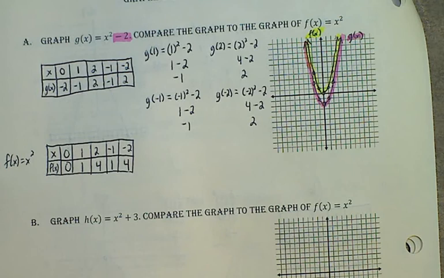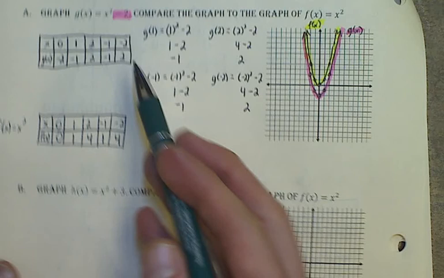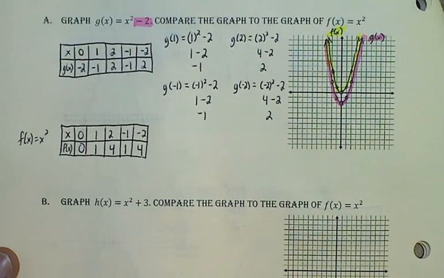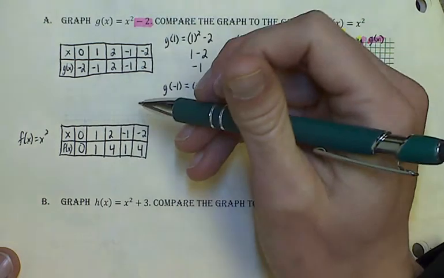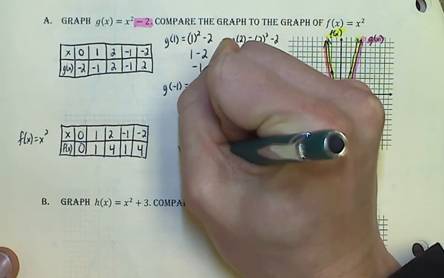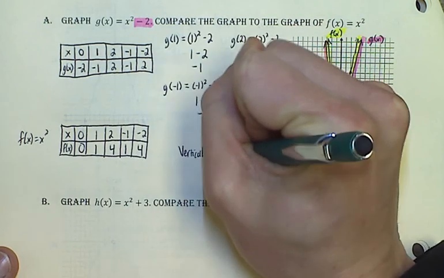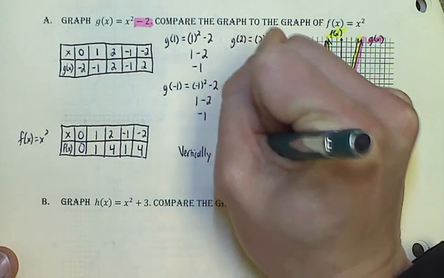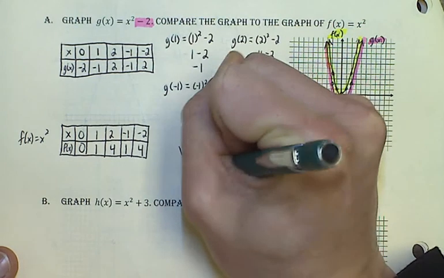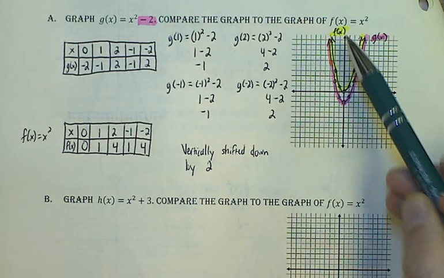But what I do have going on is my c, which was my -2. And we learned that this causes a vertical translation, or as we might say, it vertically shifted down by 2. Because my original function here, my yellow one, f of x, was at the point (0, 0).